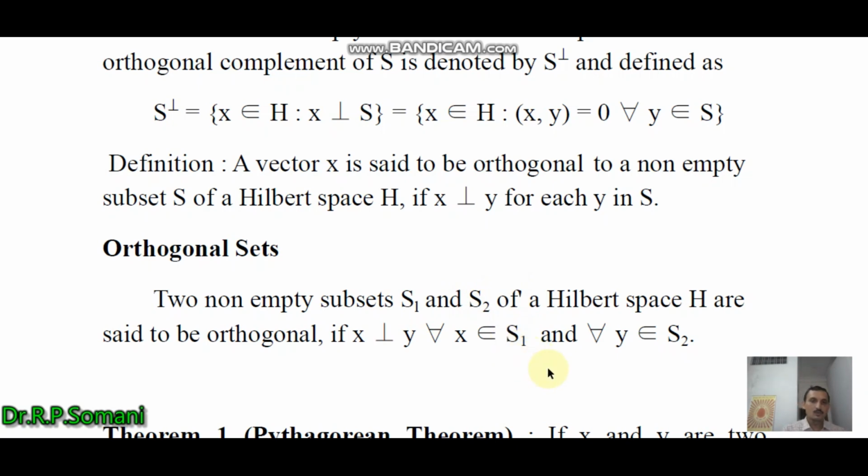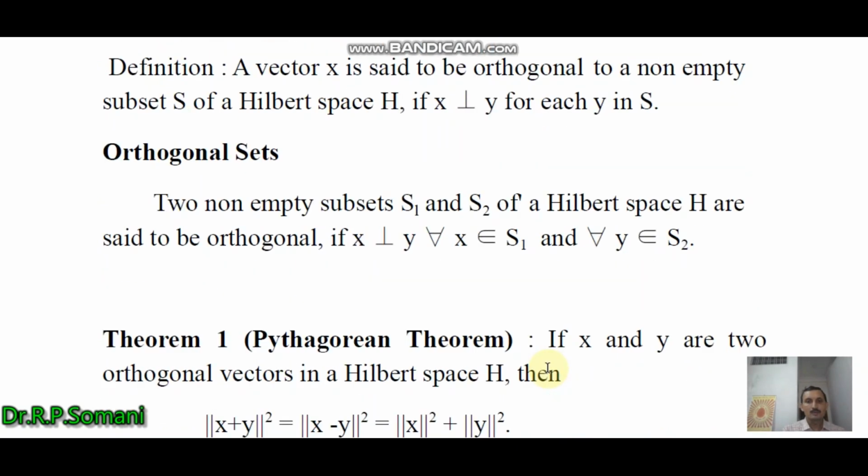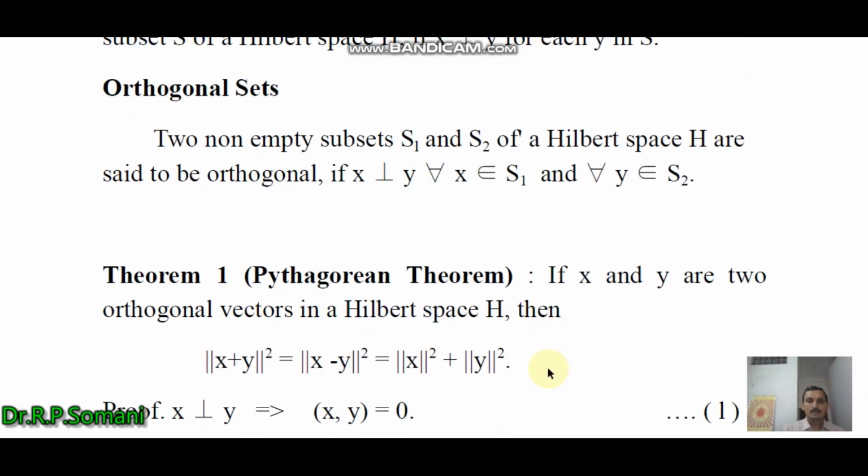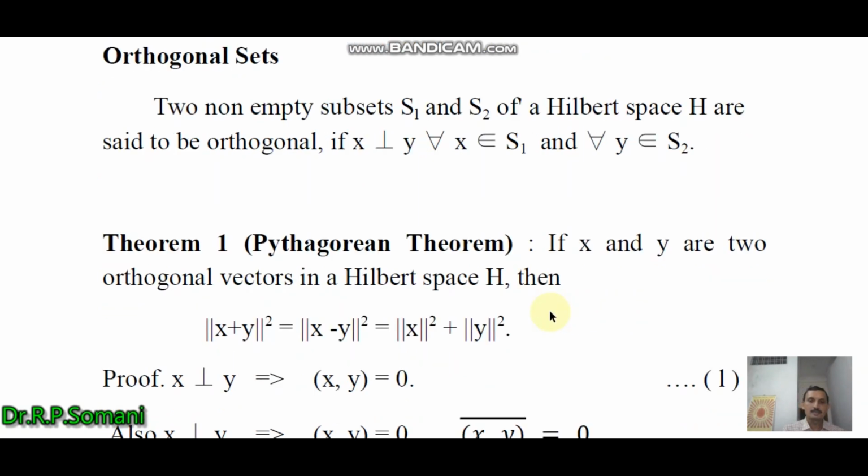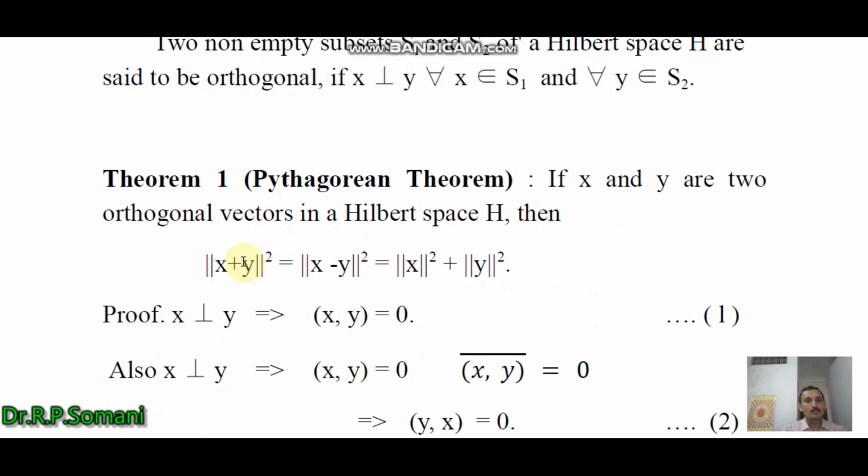Now we prove an important theorem, that is the Pythagorean theorem. The statement of the Pythagorean theorem is that if x and y are two orthogonal vectors in a Hilbert space H, then norm of x plus y squared equals norm of x minus y squared equals norm x squared plus norm y squared.